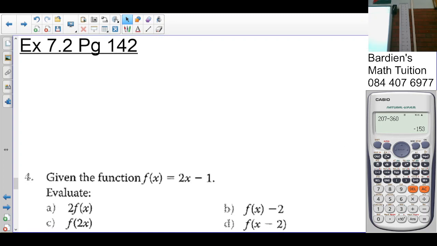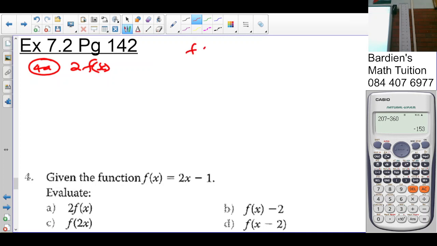Number 4 is given the function f of x equal to 2x minus 1. Evaluate, calculate, determine, all mean the same. Okay, simplify. So 4a, to us it means the same. f of x equal to 2x minus 1. So what is 2 f of x?